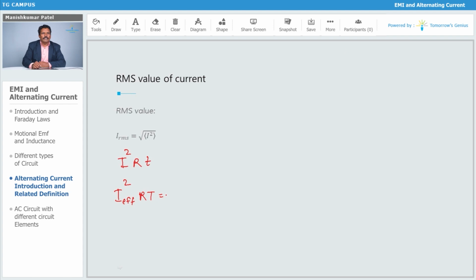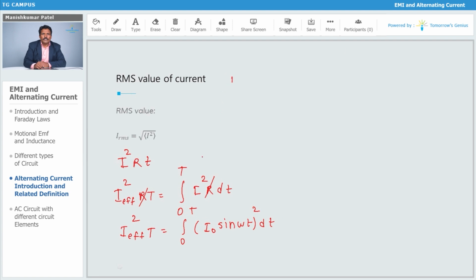Further, for the complete cycle, which will produce the same heating effect, this is 0 to T of I square R dt. The R on both sides gets cancelled. So I effective square into T equals the integral from 0 to T of I naught sine omega t whole square dt.